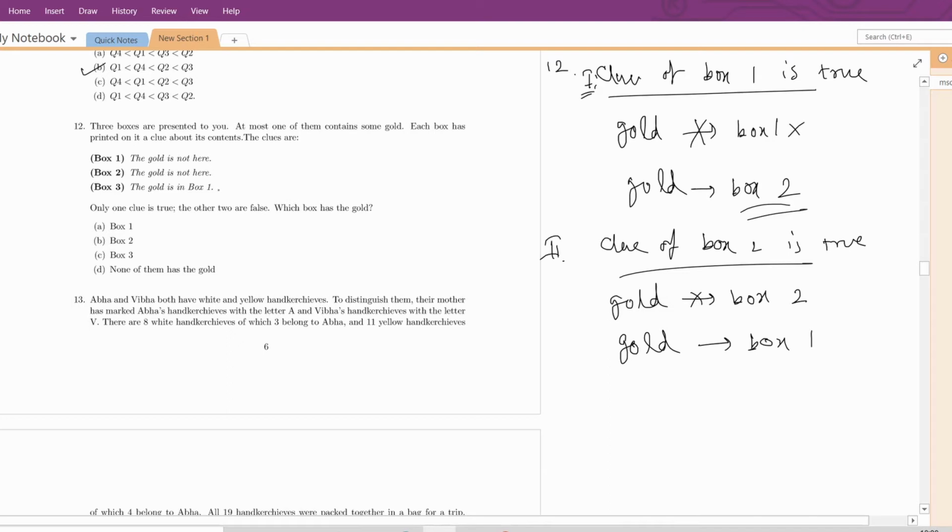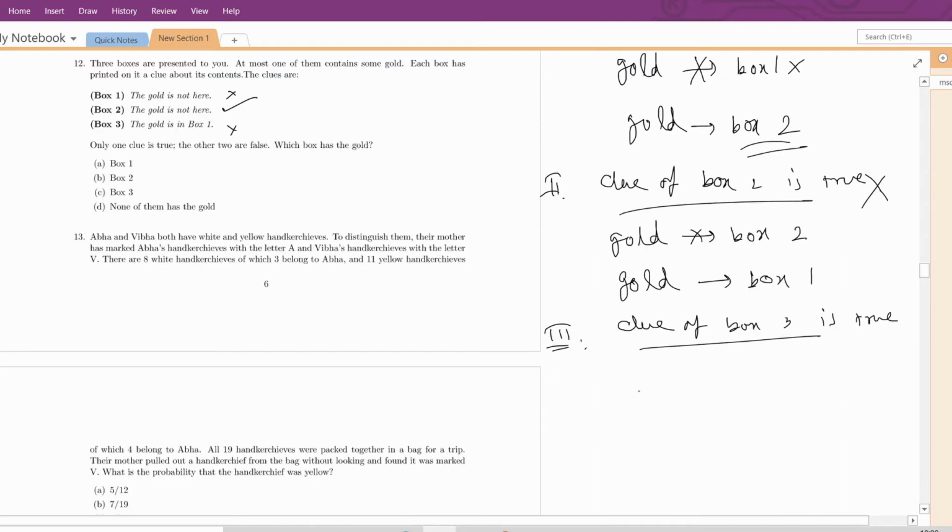But as only the box 2 clue is correct, these 2 should be false statements. Here we are seeing that the gold is in box 1, so the clue of box 2 is not true, so we cannot consider this case.